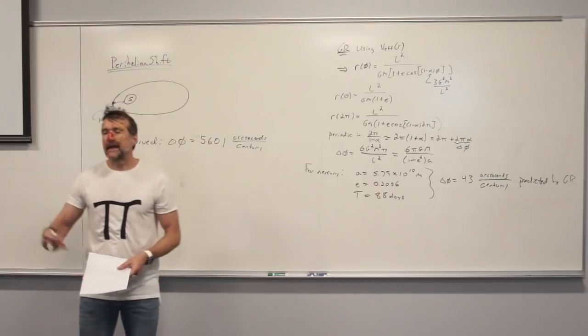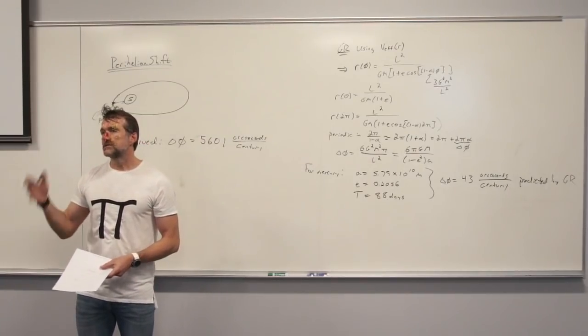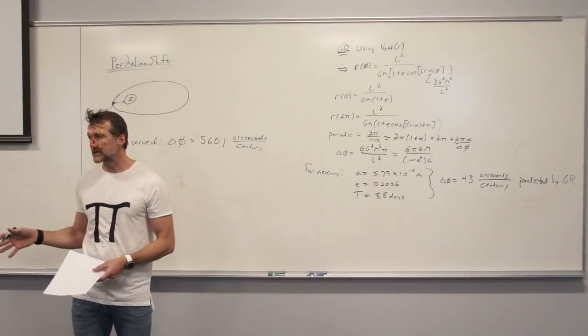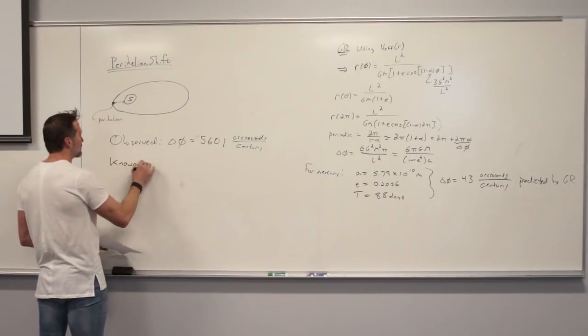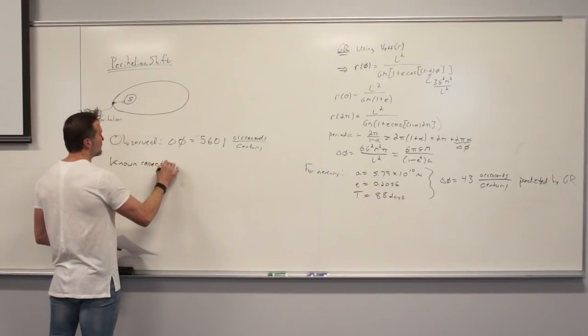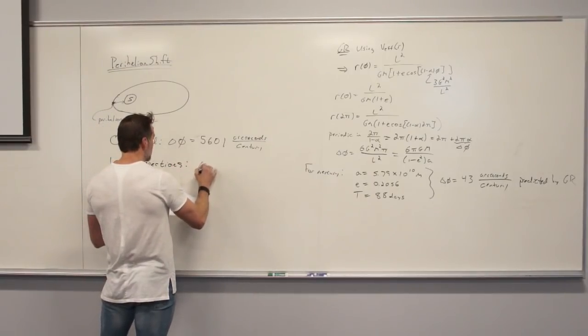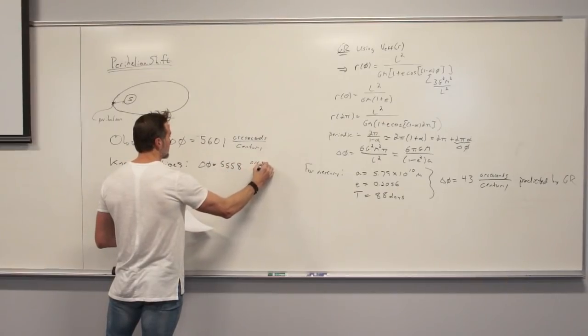If you actually take into account all of the known corrections to Mercury's orbit that you can get from a Newtonian analysis, the known corrections to the Newtonian result, delta phi is 5,558 arc seconds.